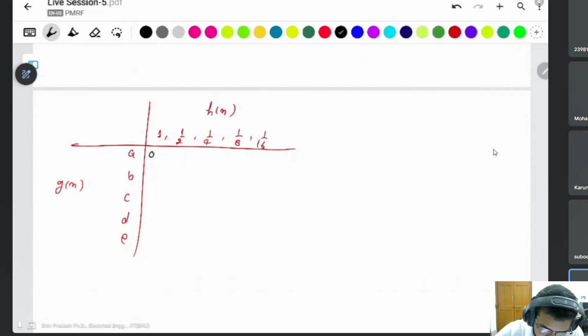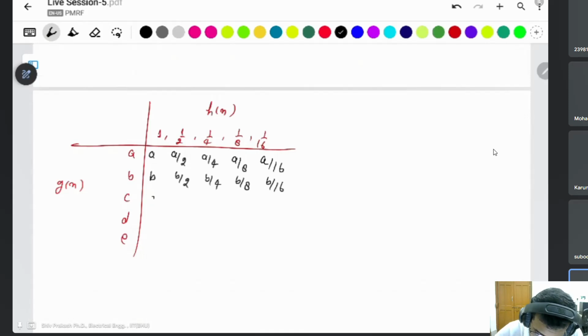This will be a, this will be a by 2, a by 4, a by 8 and a by 16. Same thing for the case of b: b, b by 2, b by 4, b by 8 and b by 16.